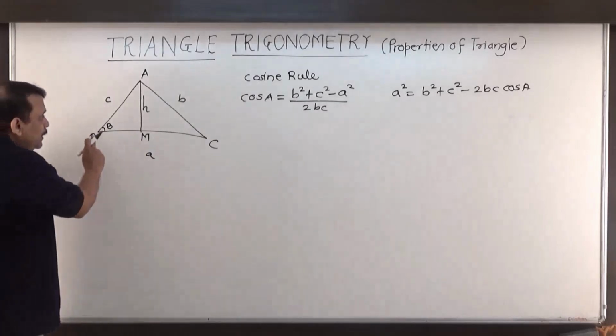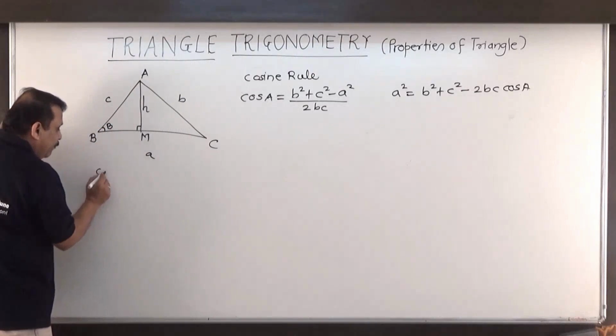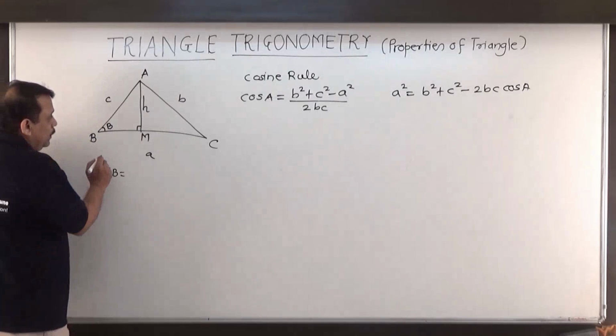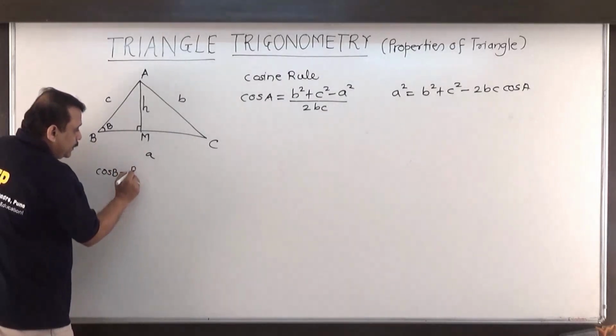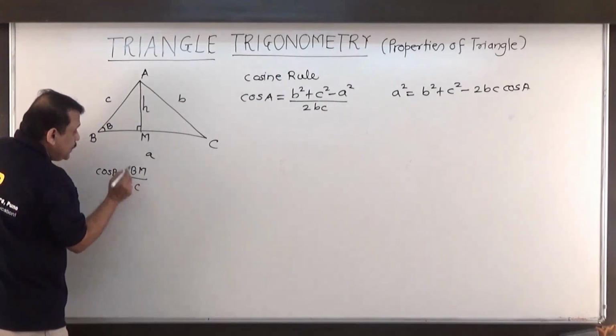Suppose the height of this triangle, AM, is h. Now in this right angle triangle ABM, if I find cos B, it is BM upon hypotenuse c.